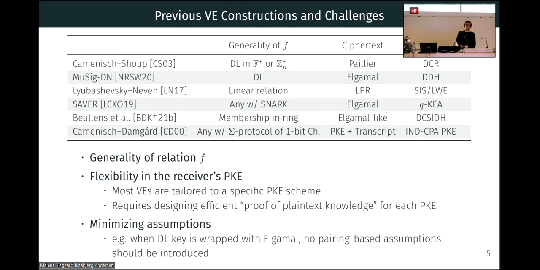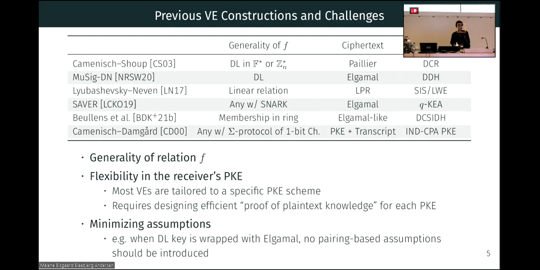For example, most of the previous constructions are either tailored to a specific relation or public key encryption scheme. And this is mainly because you have to design the zero-knowledge proof for efficiently proving some relation, or for giving a proof of plaintext knowledge for each particular public key encryption scheme.